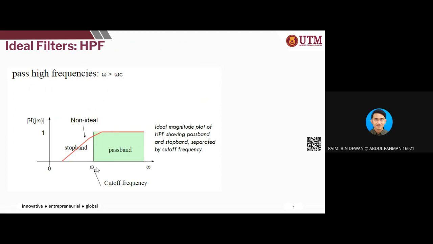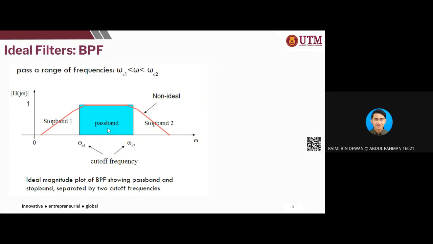And omega C is the frequency at which there is a drop of 1 over square root of 2, or 0.707, or negative 3 dB from the maximum. Depends on which value. So this is your ideal filter, which you already covered in the previous chapter 5.